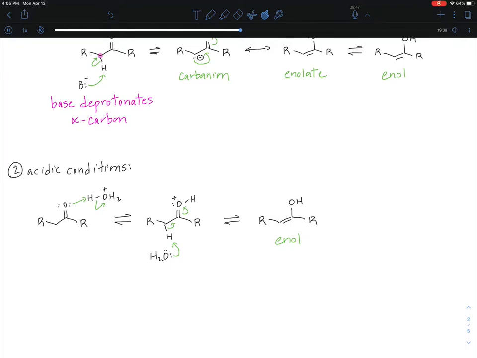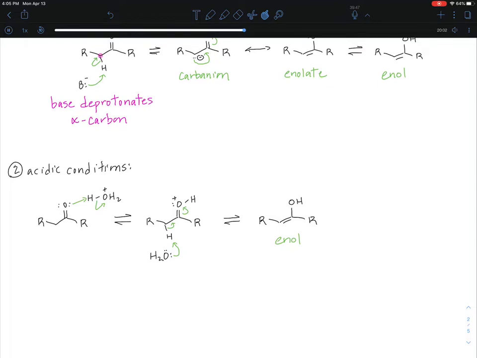So again, the acid, the hydronium ion, whatever, is going to protonate the oxygen of the carbonyl of the keto tautomer, right? And then the water, or the conjugate base of that acid, whatever you got, is removing a proton from the alpha carbon to form the enol.